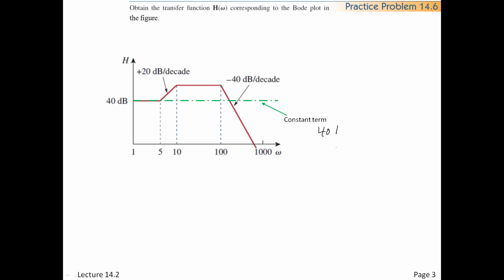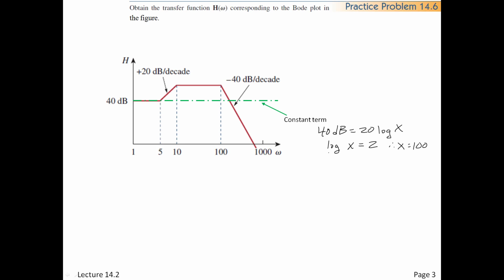What we know is 40 dB is equal to 20 log of x. So log of x must equal 40 divided by 20, which equals 2. So x equals 100.